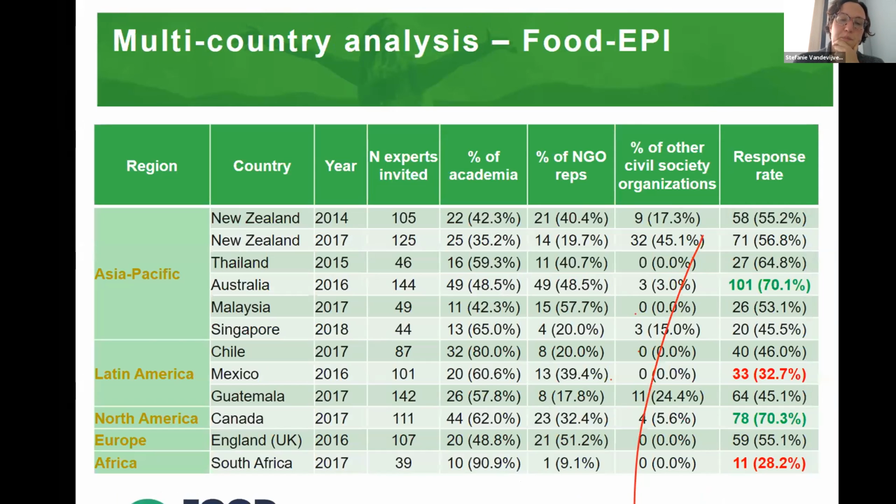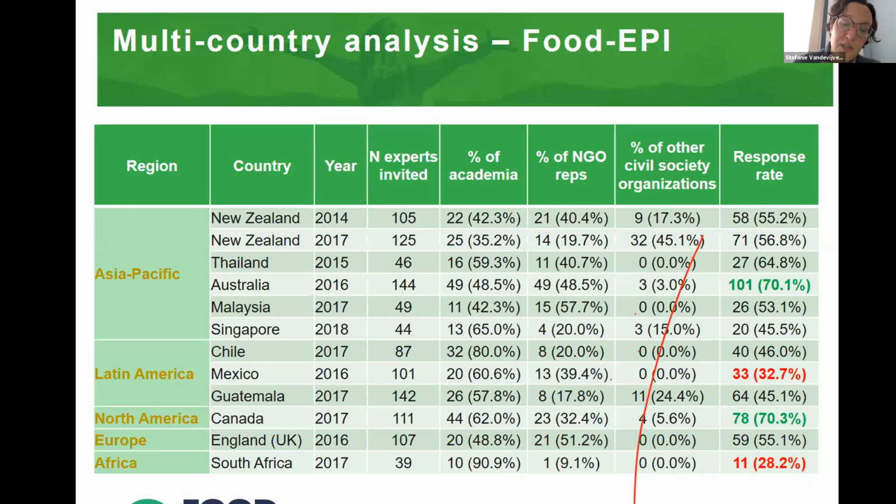Some multi-country study has also been conducted with countries that have already implemented Food-EPI in the past. So this isn't necessarily up to date. It includes 11 countries that were the first ones to do the Food-EPI.